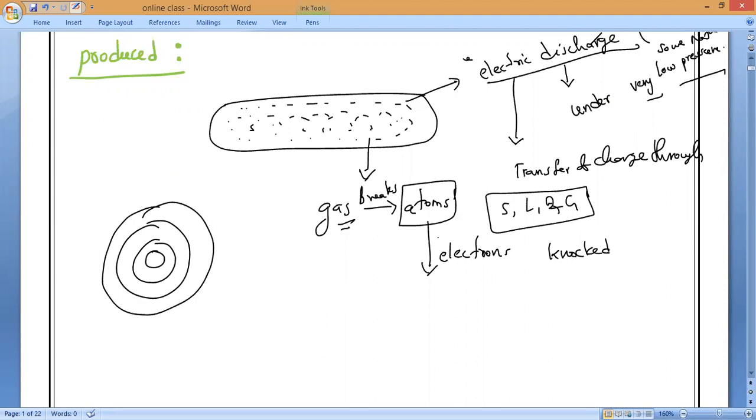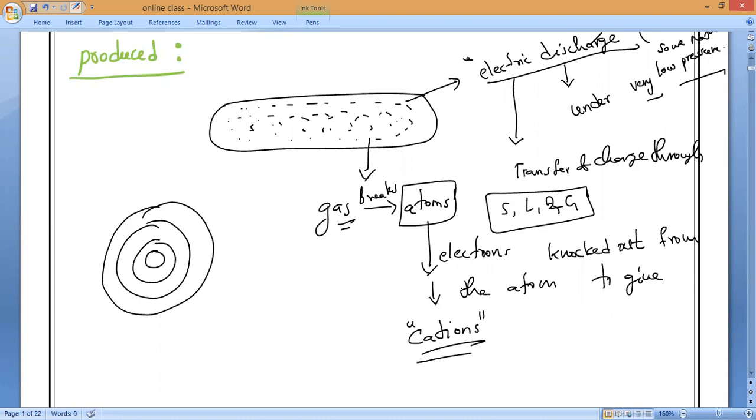Knocked out means sent out from the atom. So from the atom, what ions are given? It will give you cations.